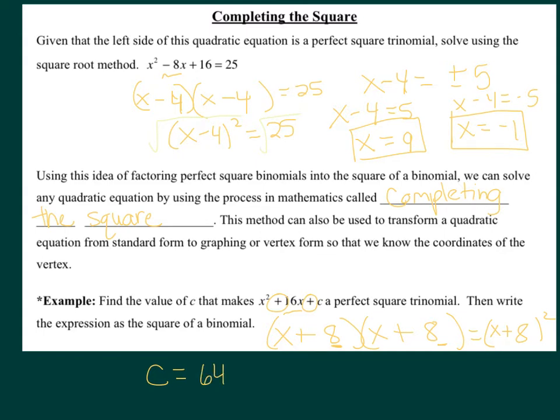And the trick to how we did that, our constant will need to equal the b value divided by 2, so split evenly, squared. So in this case, our b value is 16. When we split it in half, we got 8. And then 8 times 8, or 8 squared, gave us the 64. This is the trick we'll be using to figure out what we need for a constant to force our expression to be a perfect square trinomial.